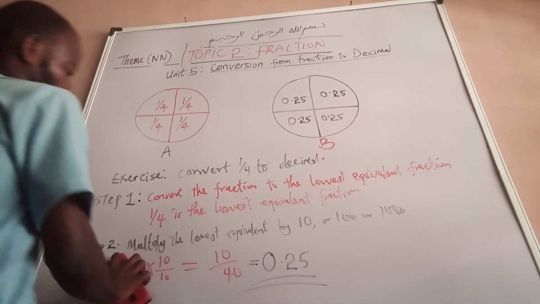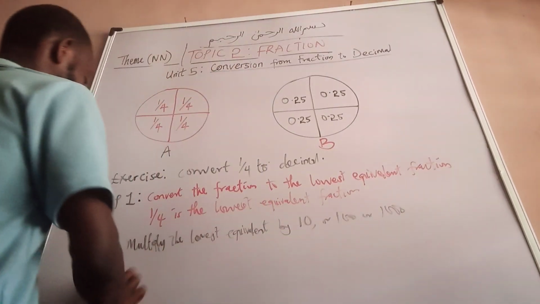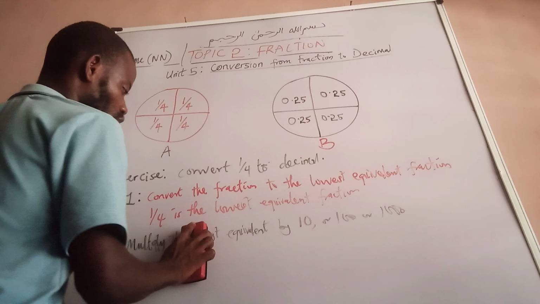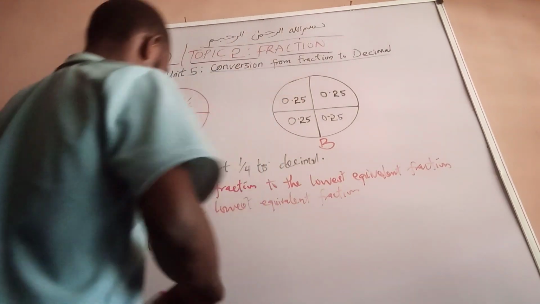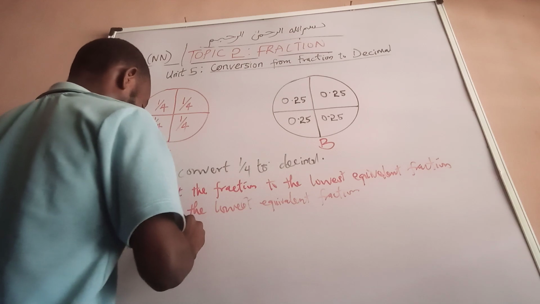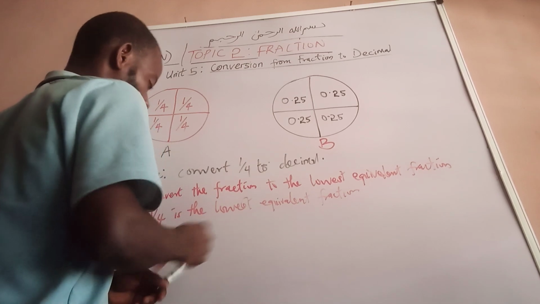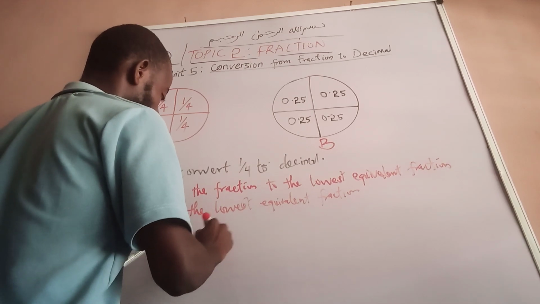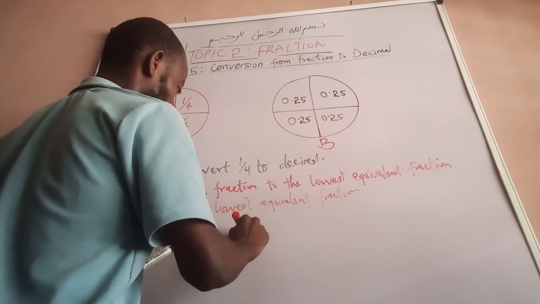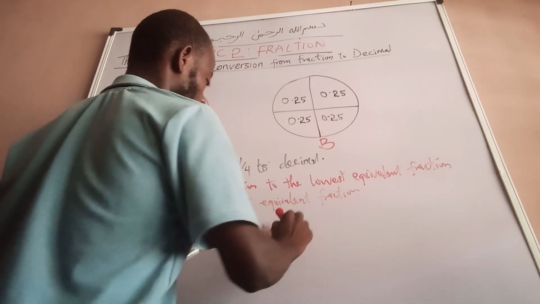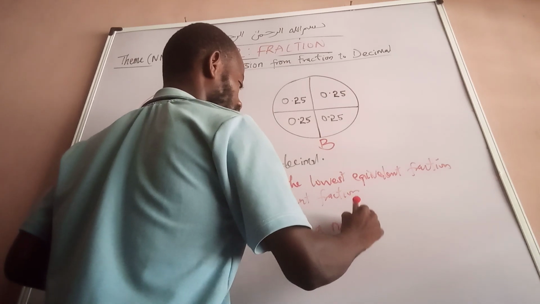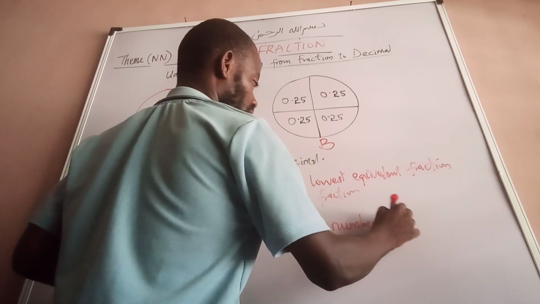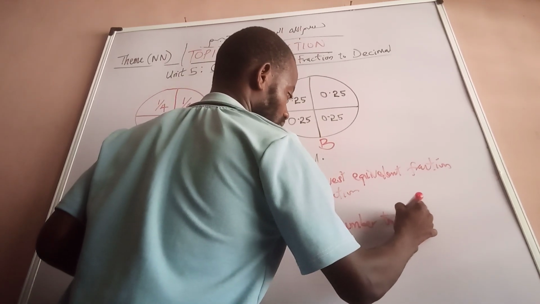This first one might be confusing for you, so let's go by this second one. Multiply the denominator by a number to be equal to 100.